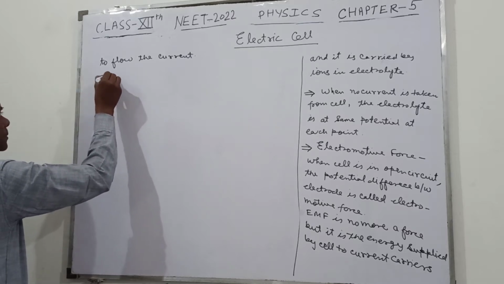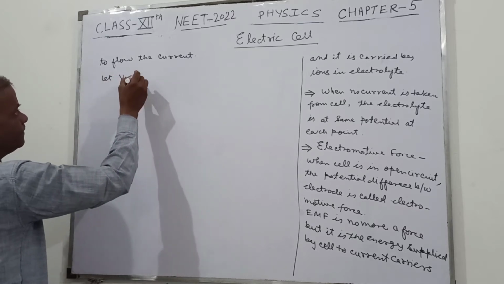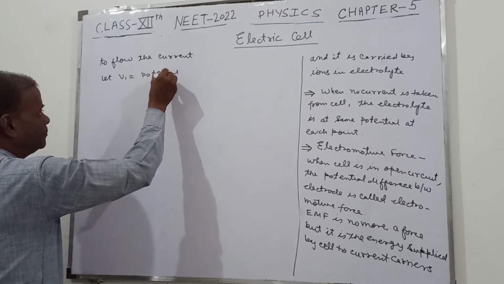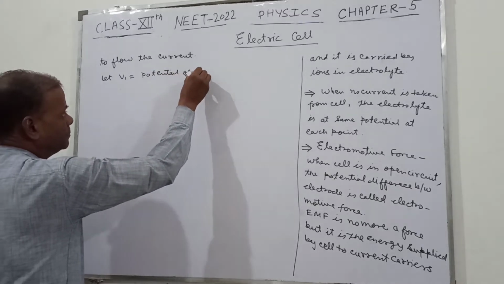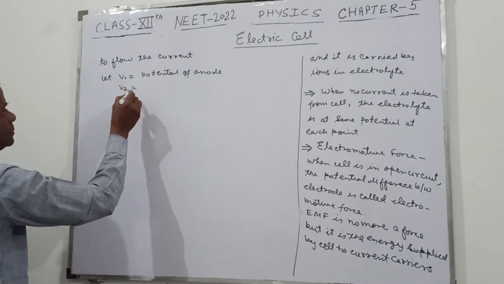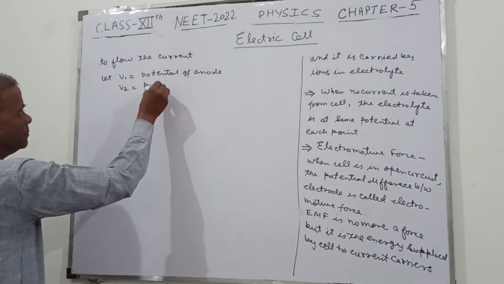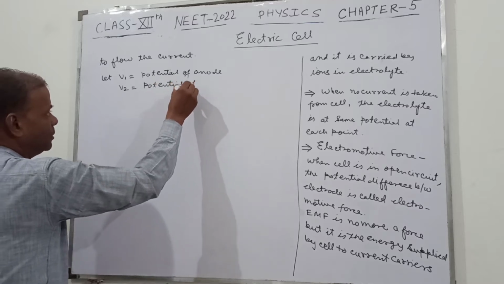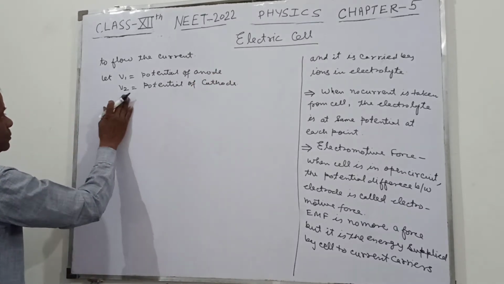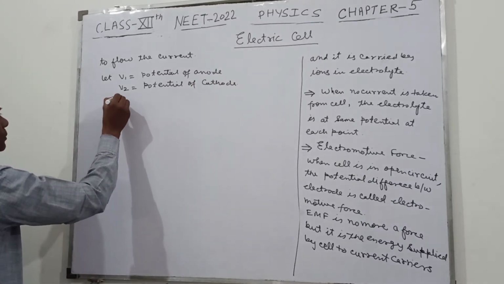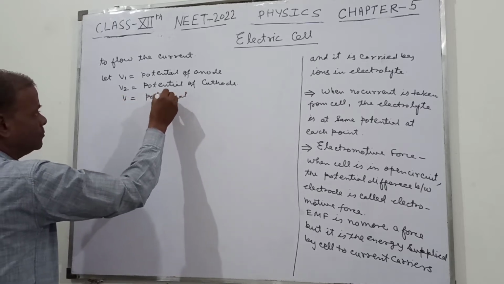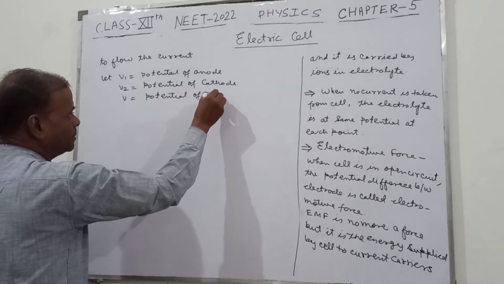So let B1 equal to potential of anode and B2 equal to potential of cathode, and let V be equal to potential of electrolyte.